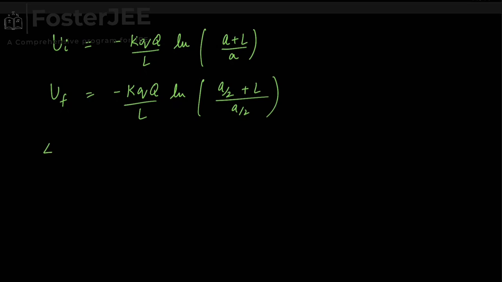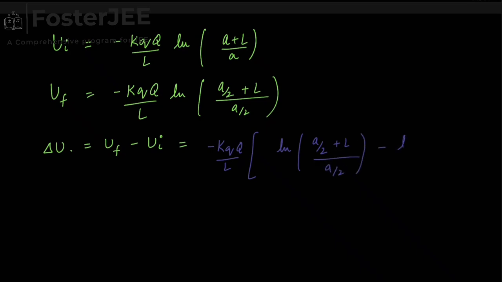So the change in potential energy becomes U final minus U initial, and that is minus kqQ upon L common, becomes ln a by 2 plus L upon a by 2 minus ln a plus L upon a.